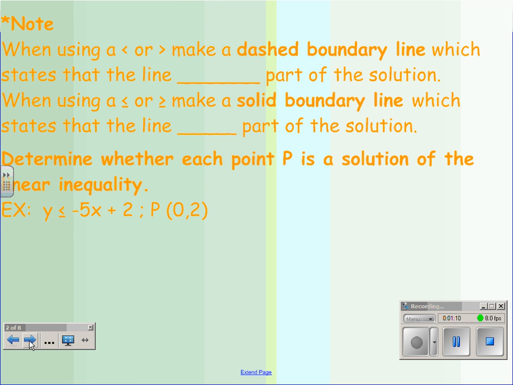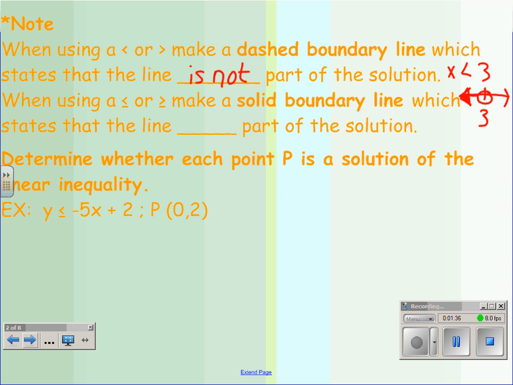When using a less than or greater than, make a dashed boundary line, which states that the line is not part of the solution. So in other words, when we have a statement like x is less than 3 and we graph that, we use an open circle, which tells us that 3 is not part of the solution and that we are moving to the left.